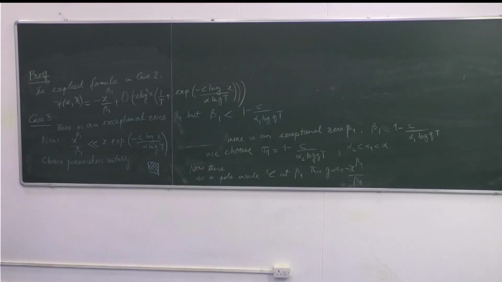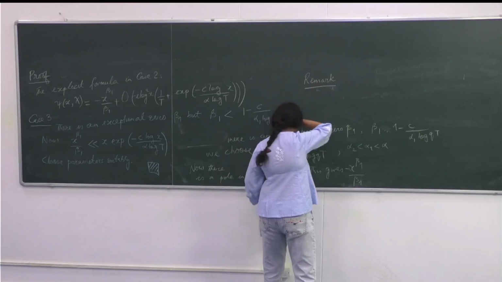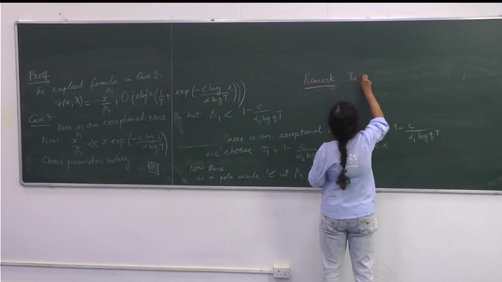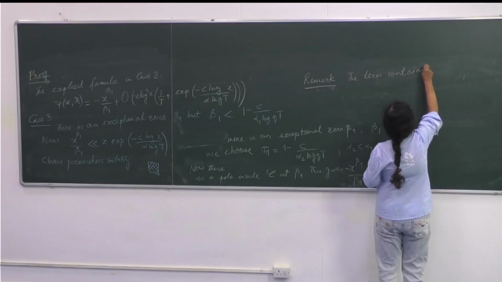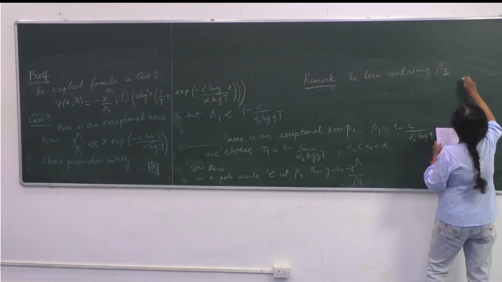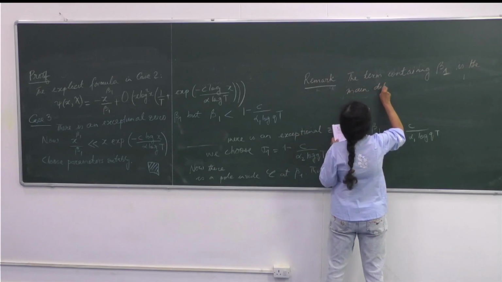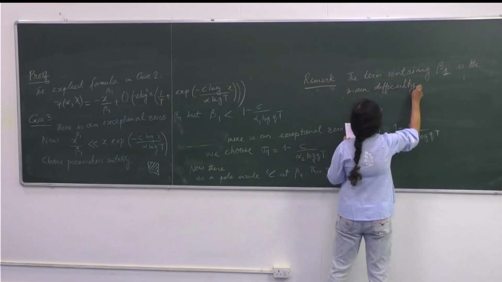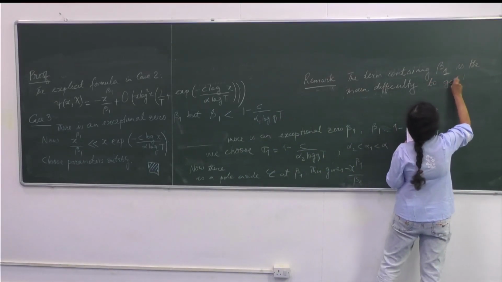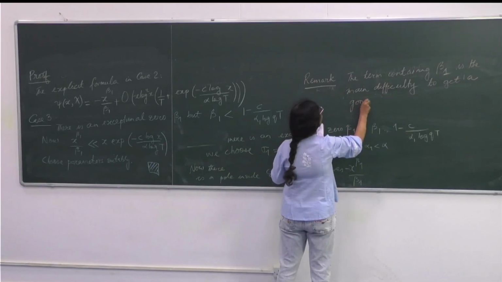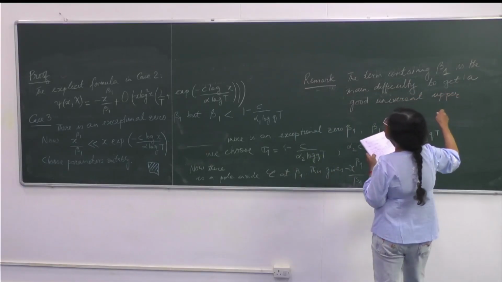The point we should realize is that the term containing beta 1 is the main difficulty to get any good universal upper bound, one that would be good as well as universal.